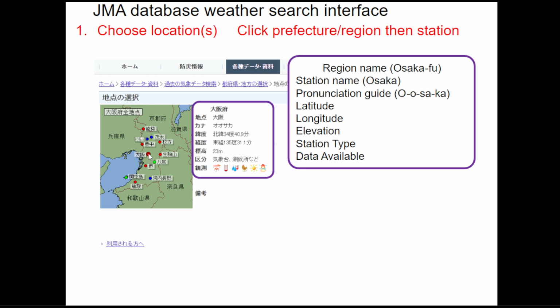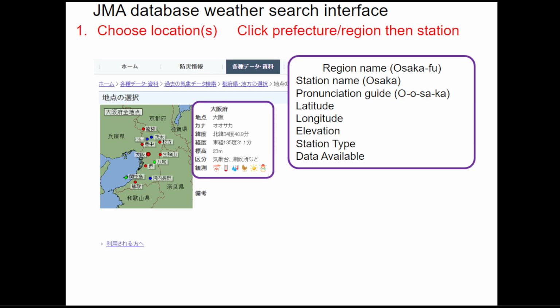The station name that you're going to choose is Osaka with how to pronounce it below. Then the latitude and longitude and the elevation. The type of the station. So in this case, it's more of a full manual and observed, manned by the weather station. And then the types of data available. So rainfall, temperature, humidity, wind, sunlight. I think that means snowfall, but actually there are many more here.